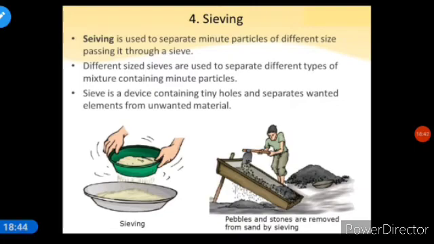A sieve is a device containing tiny holes and separates wanted elements from unwanted materials. For example, you see your mother sieving the wheat flour, and sometimes at a construction site a worker removing pebbles and stones from sand with the help of a sieve.